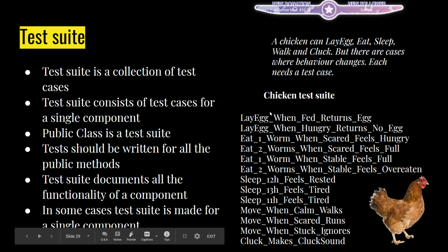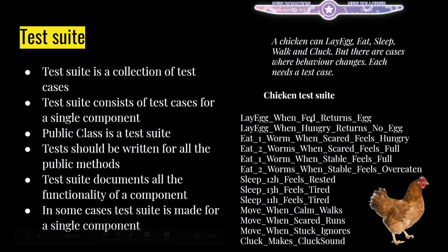If it lays eggs, there are two conditions. When chicken is fed, it can lay eggs properly. If chicken is hungry, laying eggs will not return an egg. Nothing will happen. If chicken eats a worm when he's scared, if he eats one worm, it still makes him hungry.